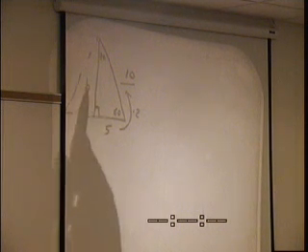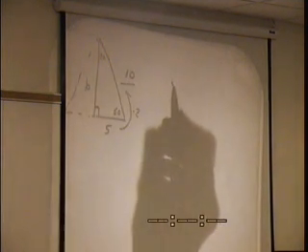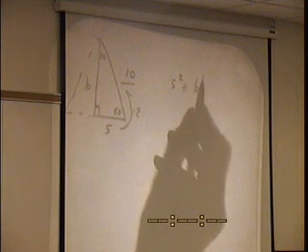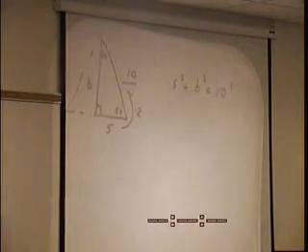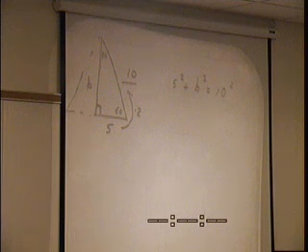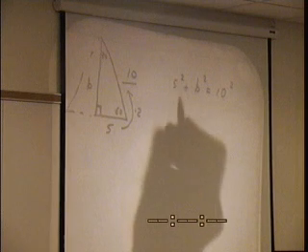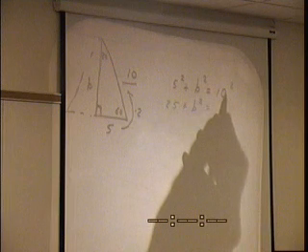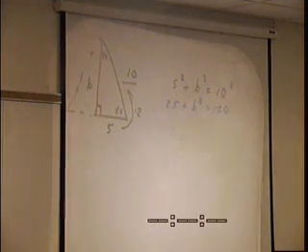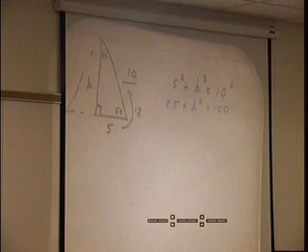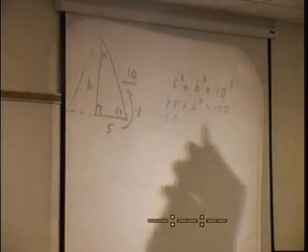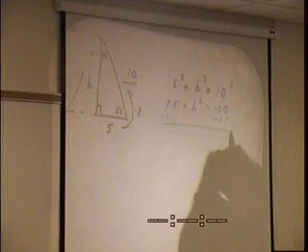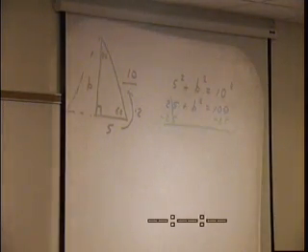So let's take a squared plus b squared equals c squared. What's this? 25 plus b squared is equal to 100. And to get b squared by itself, subtract 25. We get b squared equals 75.